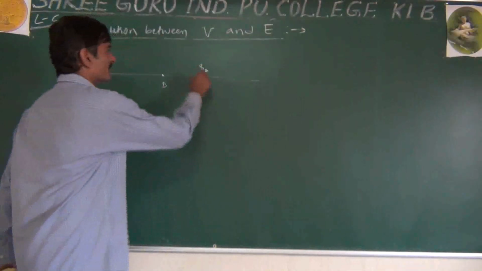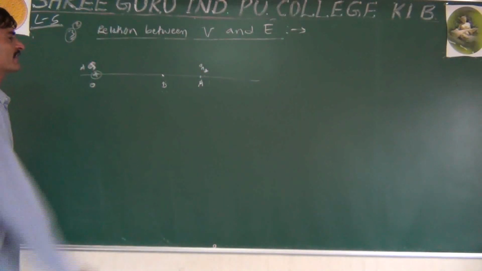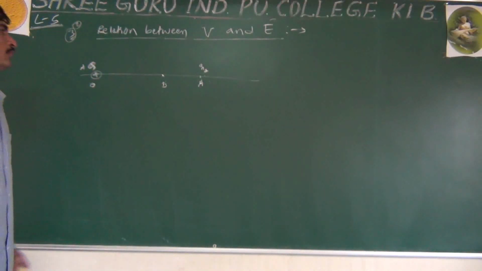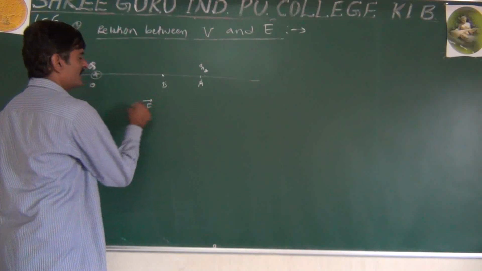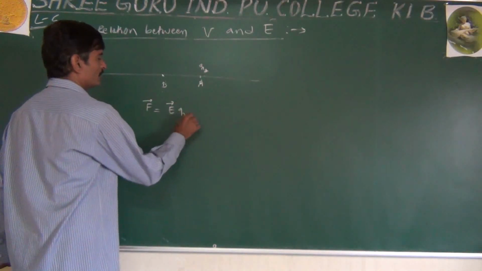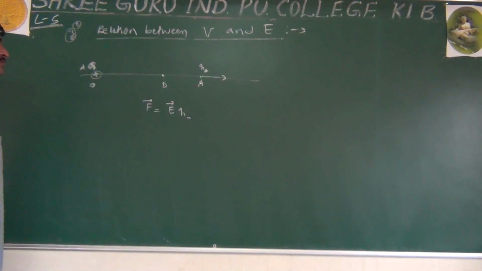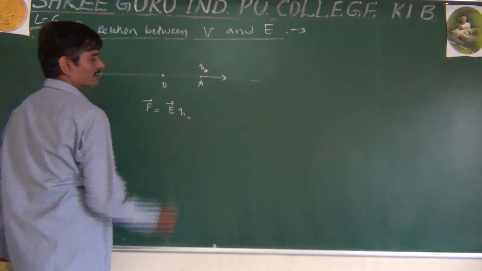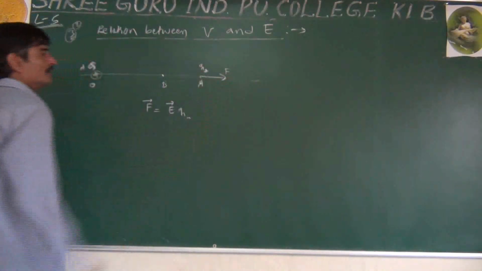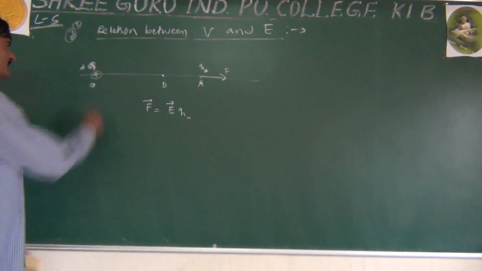Let Q naught be the test charge placed at the point A. This Q naught will experience an electrostatic force given by vector F equals vector E into Q naught. This force makes the charge move away from the source charge, that is the plus Q charge.